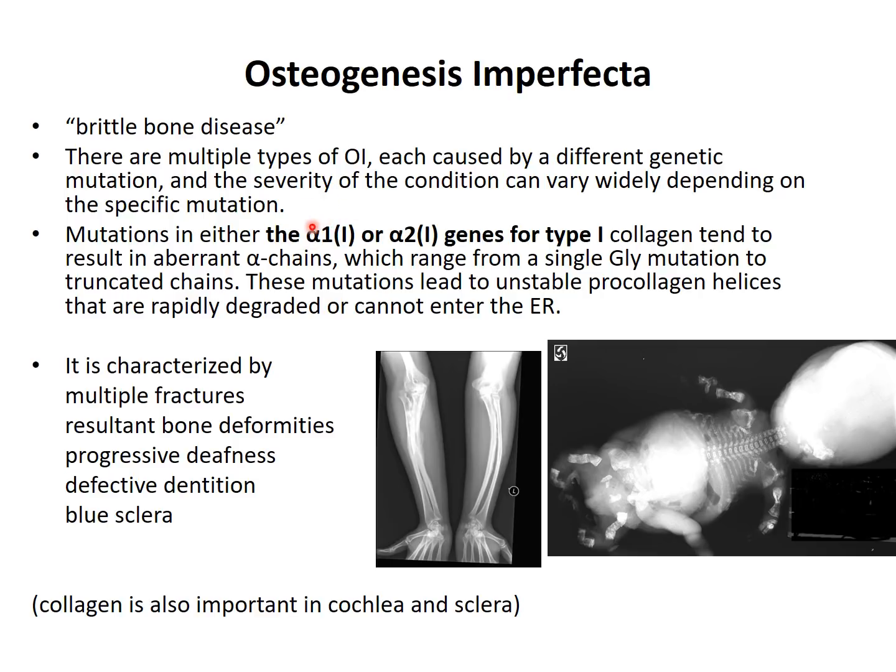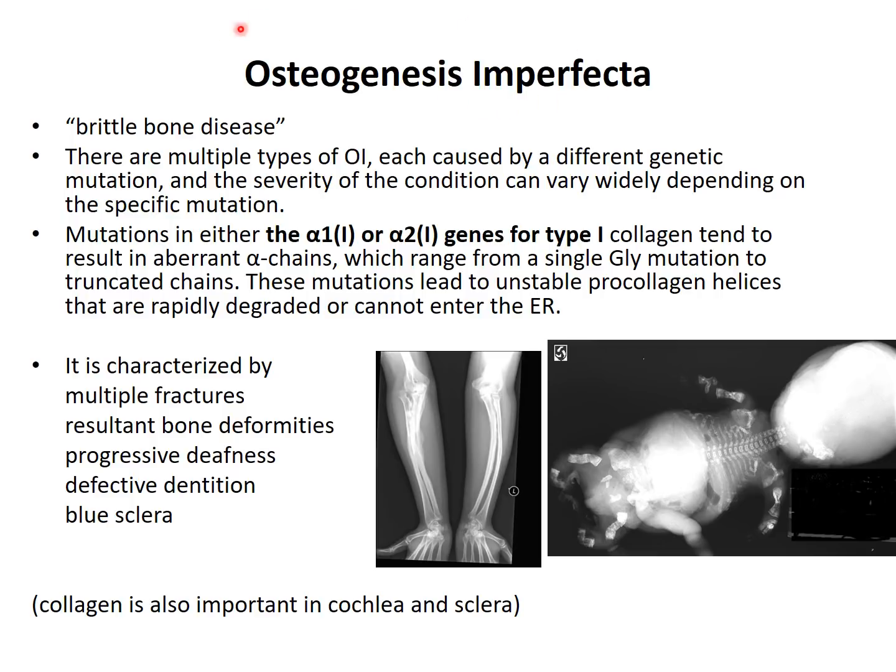So most of them are genetic disorders, well, all of them, and it can be either the alpha-1,1 or the alpha-2,1, the gene which encodes for the alpha-1,1 or alpha-2,1 polyproline chains can be a problem in the different subtypes of osteogenesis imperfecta or OI.